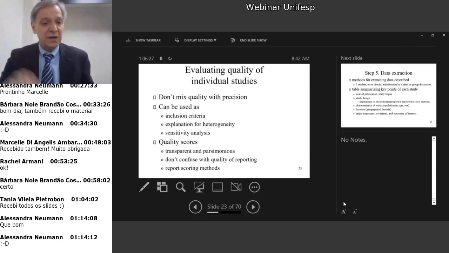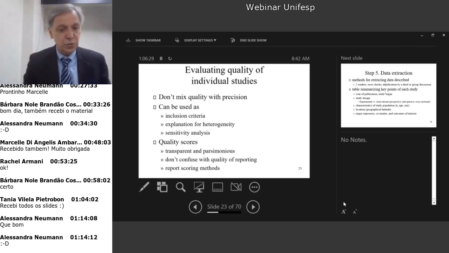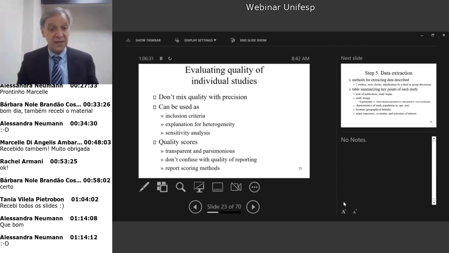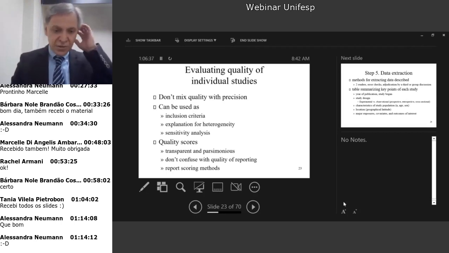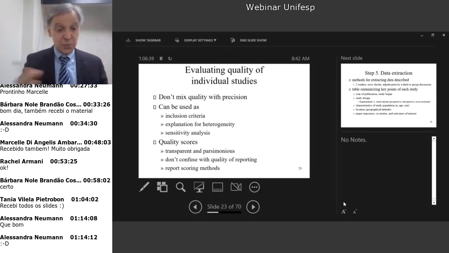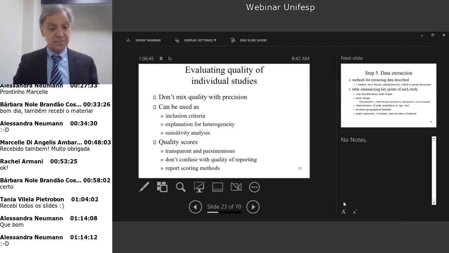You can create a lot of items to exclude or include studies based on that quality. It will help you diminish heterogeneity, help explain why you have more or less heterogeneity, and help make decisions about sensitivity analysis.